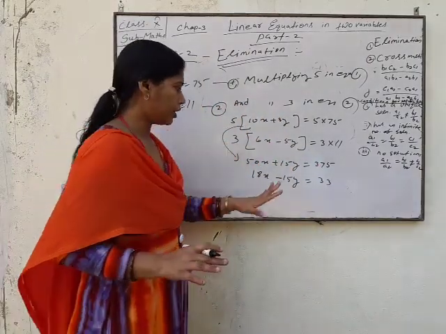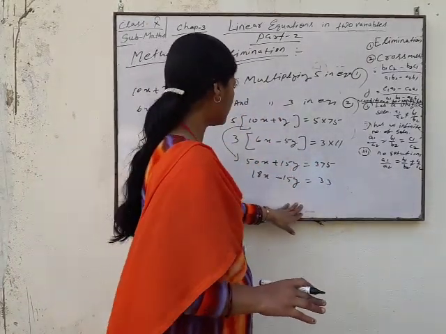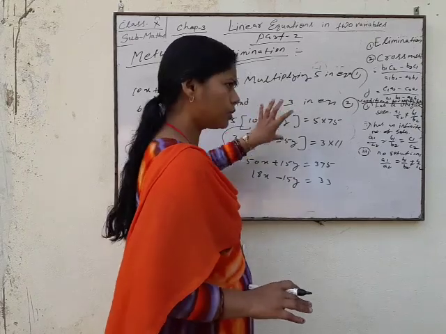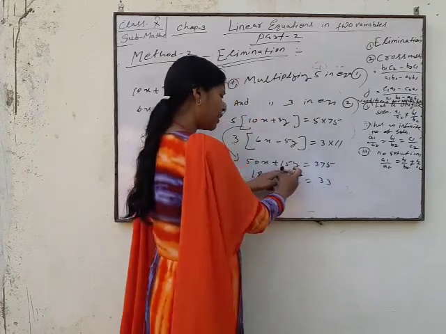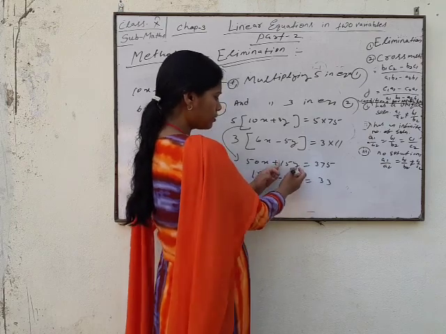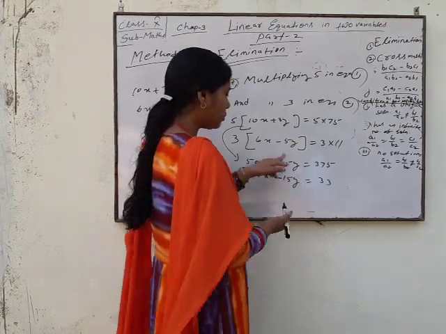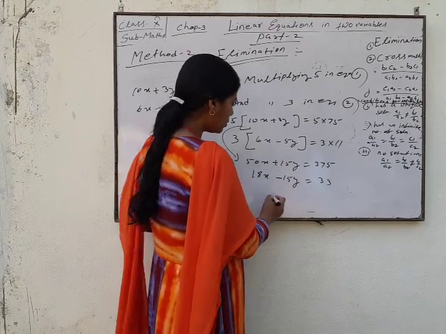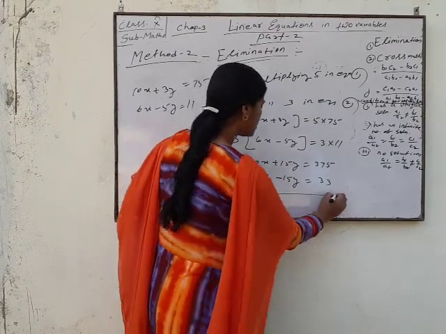Clear? And look here, after multiplying your suitable numbers with both equations, here 15y and here 15y, it means the coefficients of y are numerically equal and opposite in sign. So here we should add both equations.